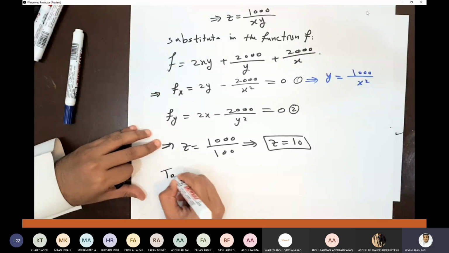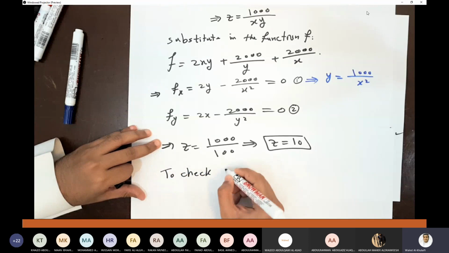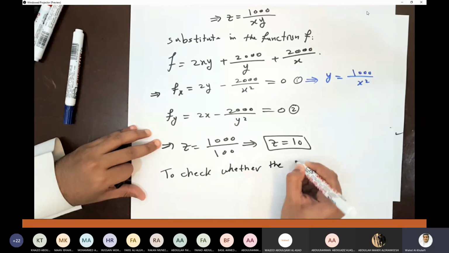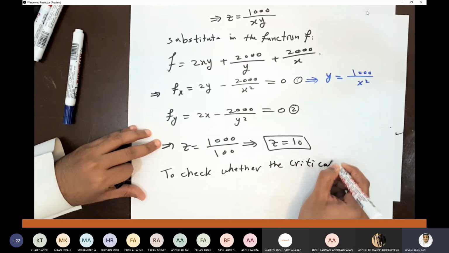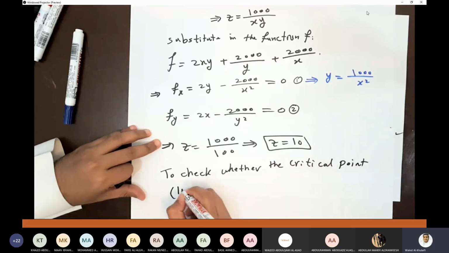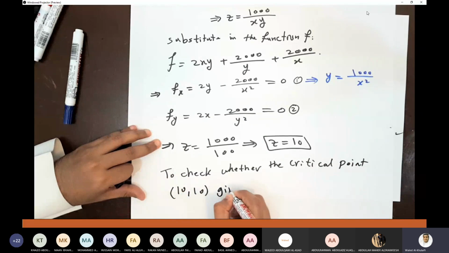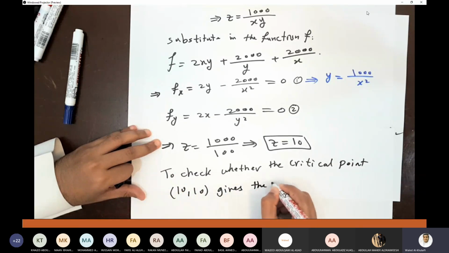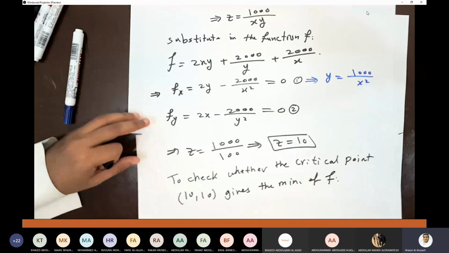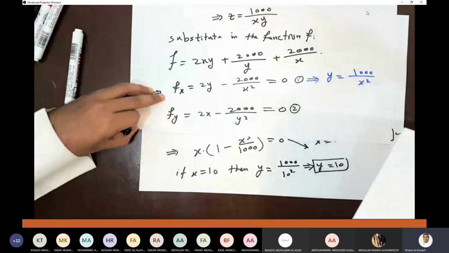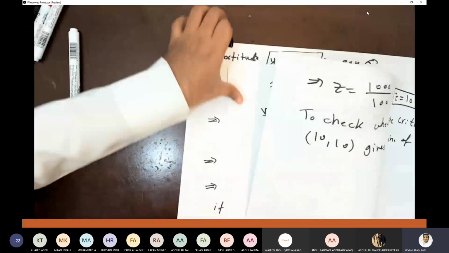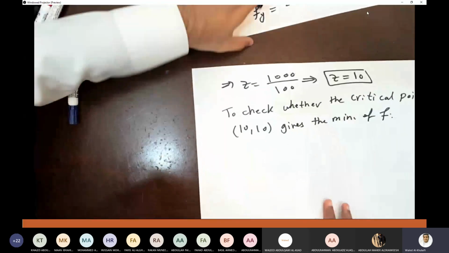To check whether the critical point 10 gives the minimum of f, we do the discriminant way. Check the point, Shabab.